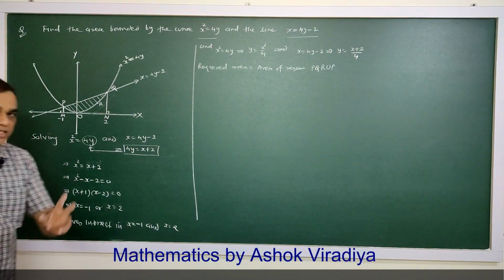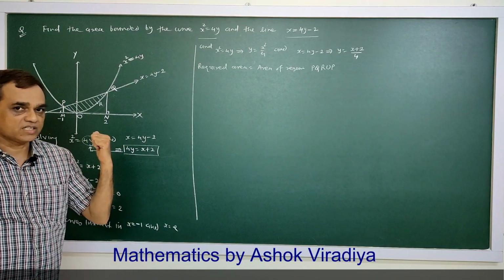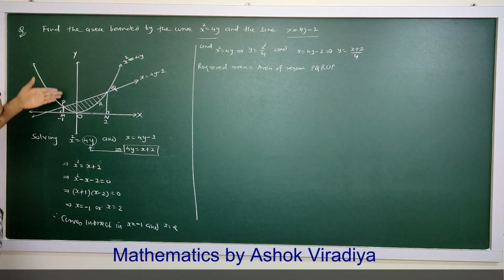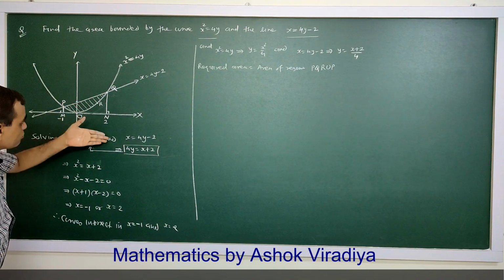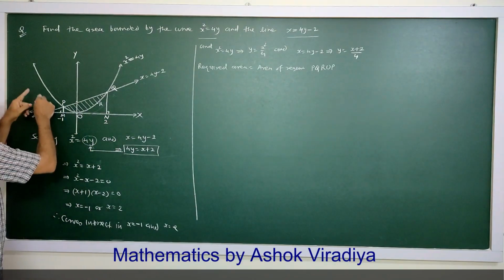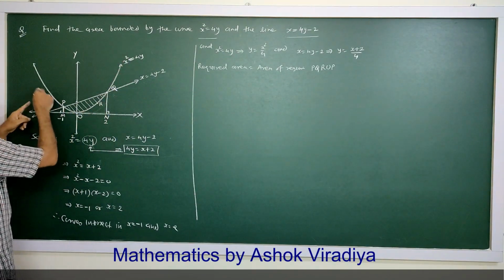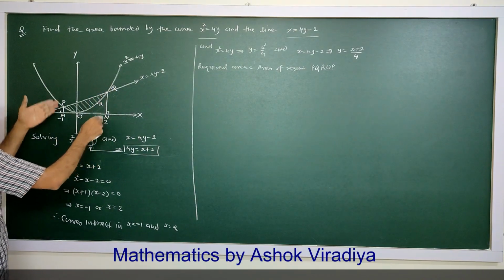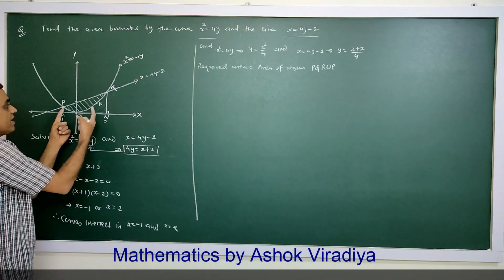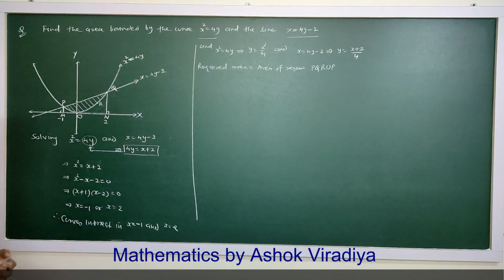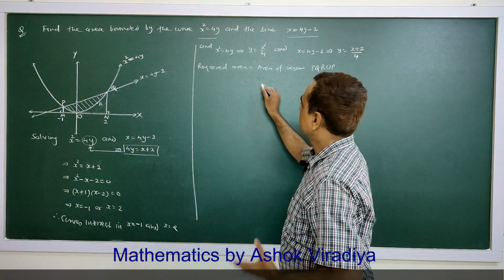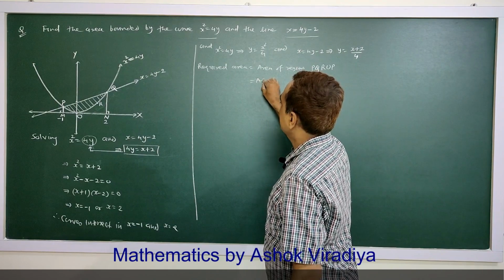So you can consider two questions in this one question: the area bounded by y equal to f(x), x equal to a, x equal to b and the x-axis, minus the area bounded by the parabola, x equal to a, x equal to b and the x-axis. So we will remove this area, it will be subtracted.